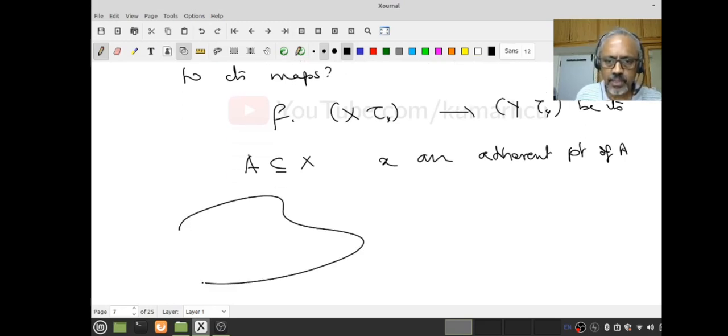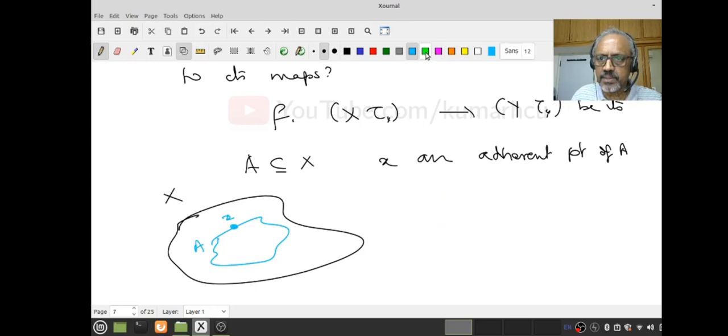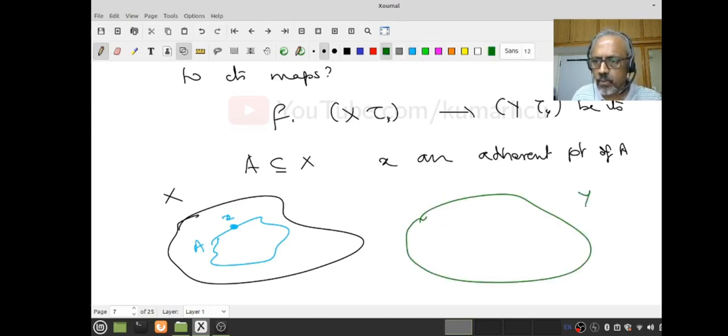So I have X and this is my A, and this x is an adherent point of A. Next I have Y, and this is my f of A. I have f(x) somewhere. I do not know where.